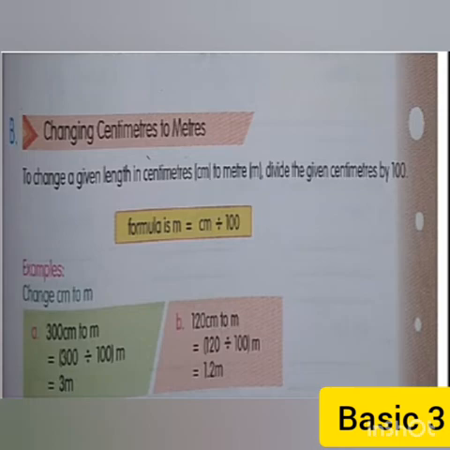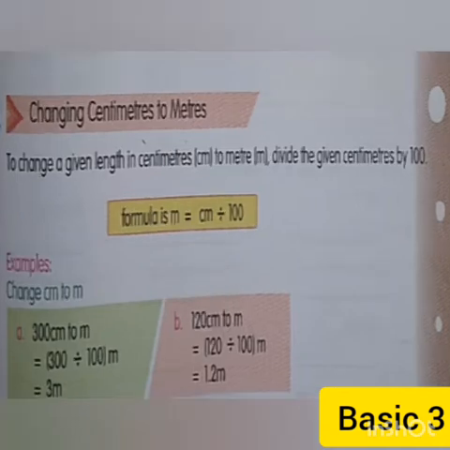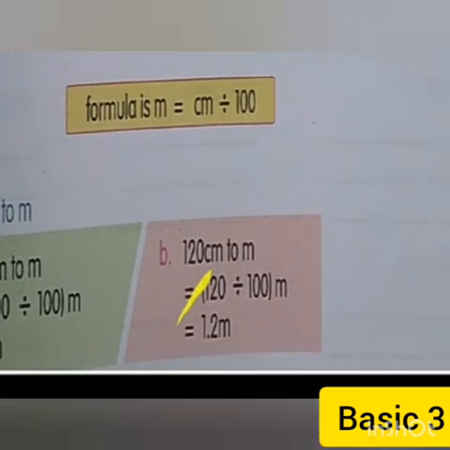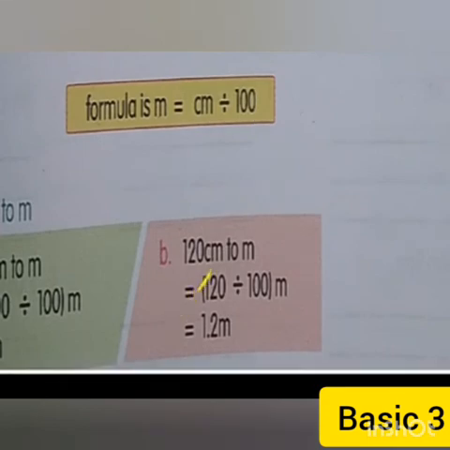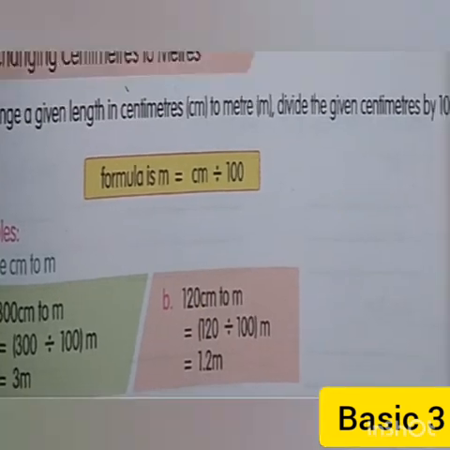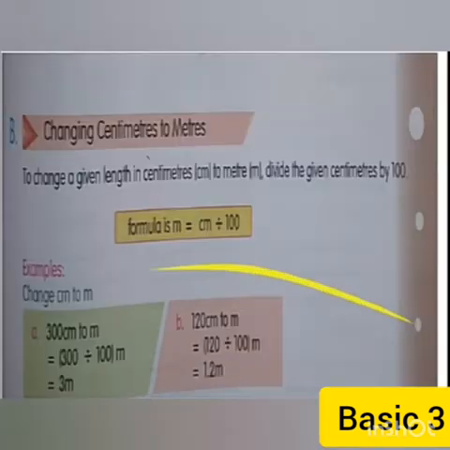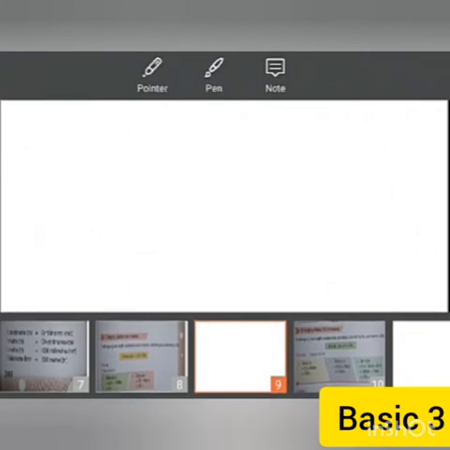Now look at the example in your textbook. We have 300 centimeters to meters. 300 divided by 100 gives us 3 meters. It gives us what? 3 meters.